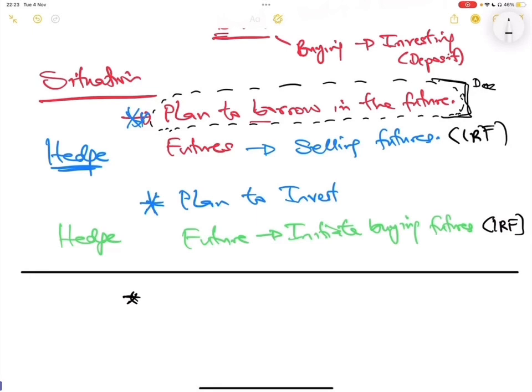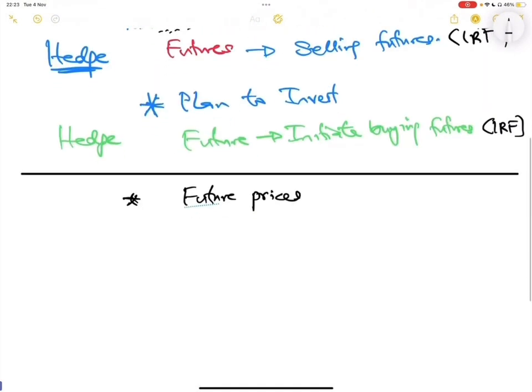The next thing that we need to understand is how futures are priced, because this is different from what you are used to. In FX futures, you just see the rate the same way the FX rate is being quoted. But for interest rate futures, it's slightly different. It's not quoted in rates.